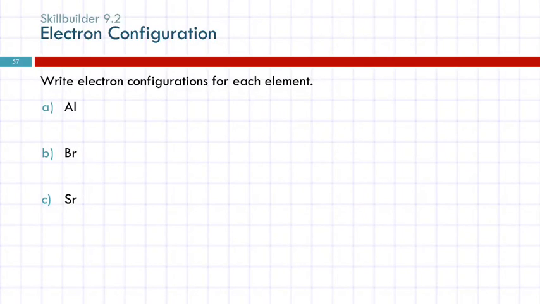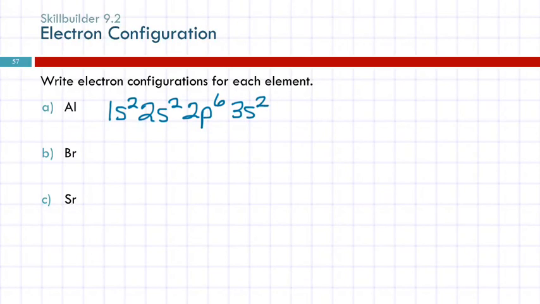So starting with hydrogen and helium, that would be 1s2. And then you go to lithium and beryllium, that's 2s2. And then we go boron through neon, would be 2p6. And we come down to the third row, 3s2 for sodium and magnesium.